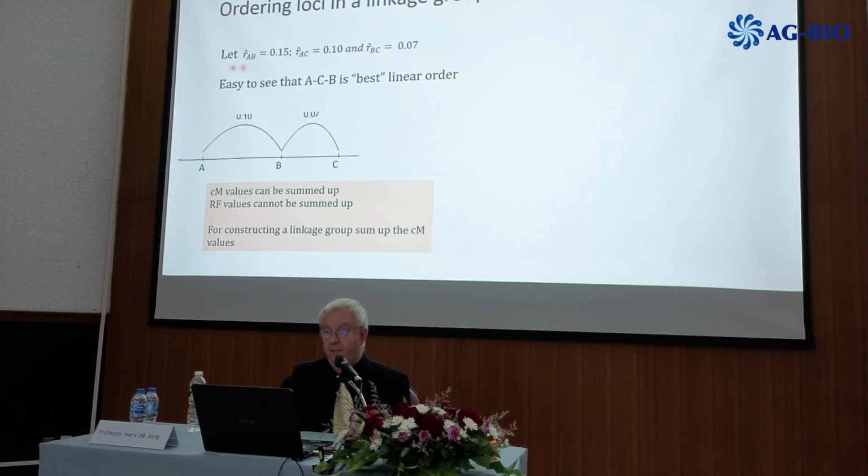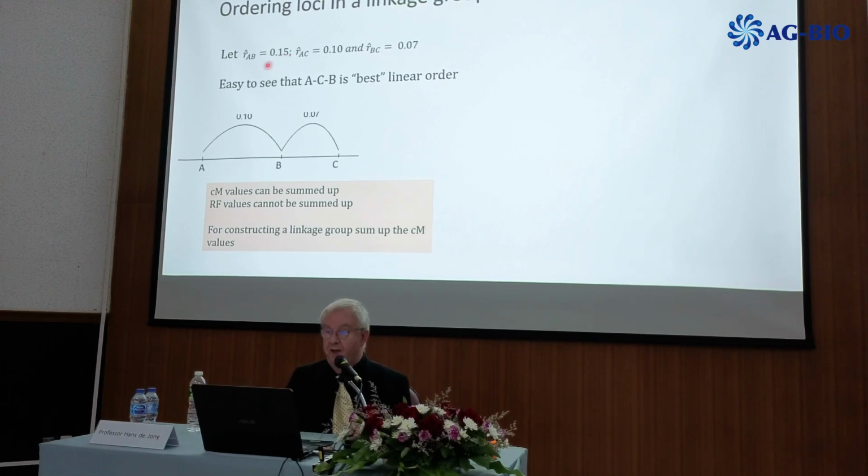Now, if you think about it, you can see that the easy way is that A, C, B is the best linear order. B is in the middle, and B compared to C gives you the 0.07, and B to A gives you a genetical distance of 0.2. But remarkably enough, if you sum up these two values, you would expect 0.27. You don't see that, you see 0.20.